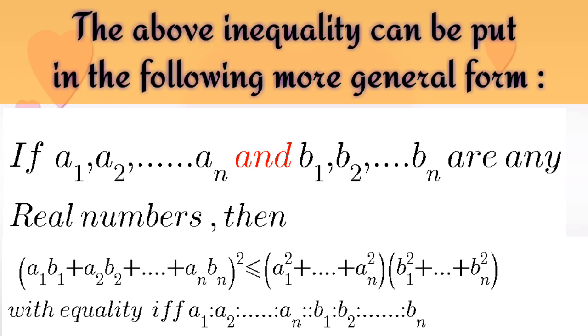The meaning of the last sentence is, here we have less than or equal to, and that equal sign holds if and only if a1:a2:...:an is the same as b1:b2:...:bn. This is the famous Cauchy-Schwarz inequality.